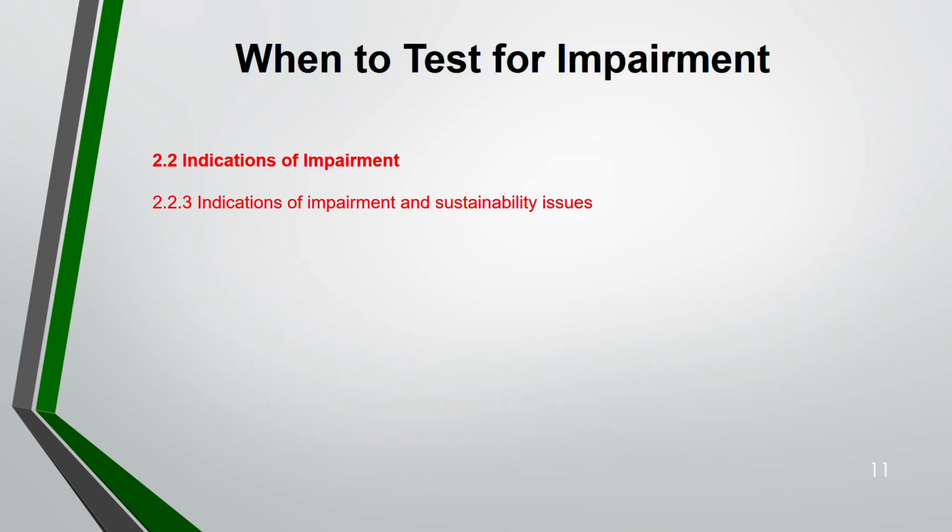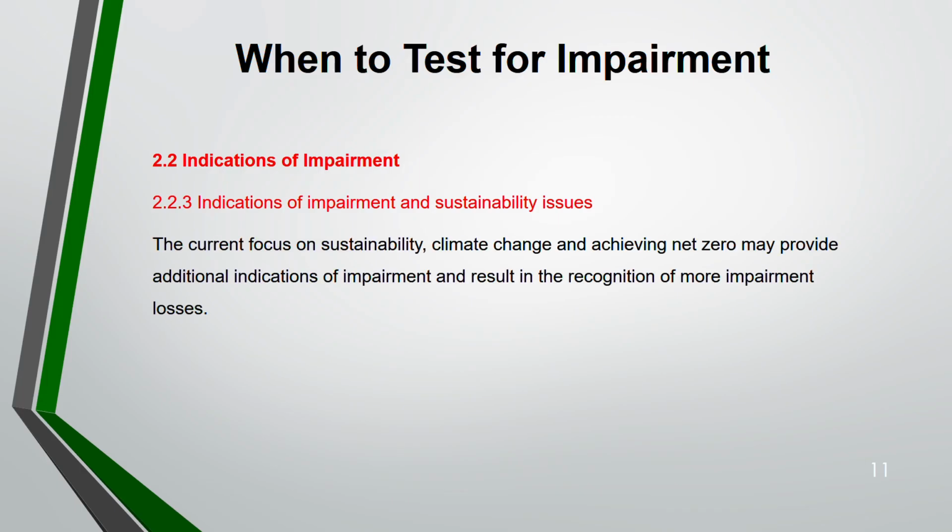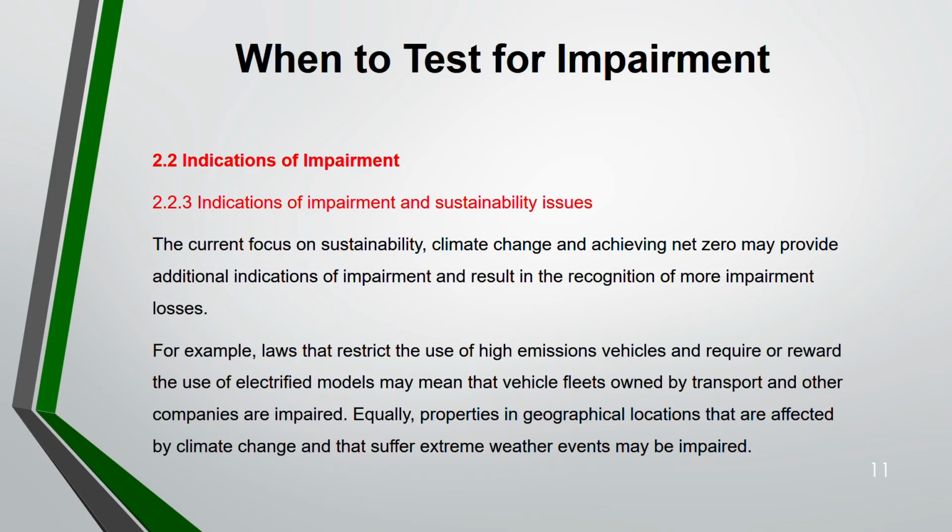Now, indications of impairment and sustainability issues, the third part. Because of the current focus on sustainability, climate change, and achieving net zero, this is giving you additional indications of impairment. That means you now have to recognize more impairment loss. For example, the law is restricting you from using vehicles which have high emission, and it is giving you a reward to use electrified models.